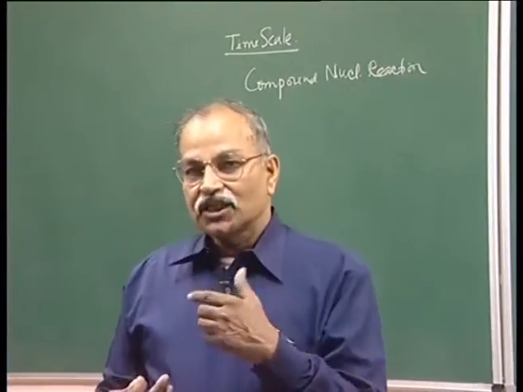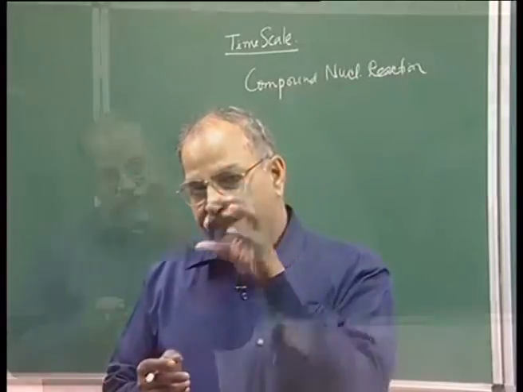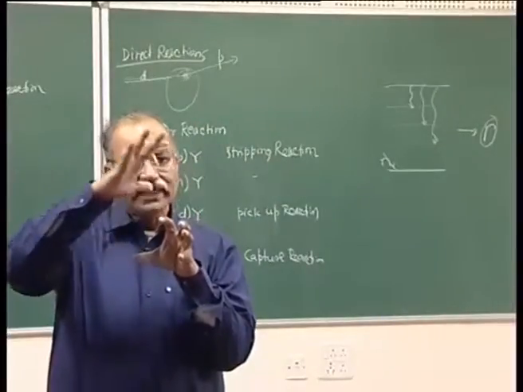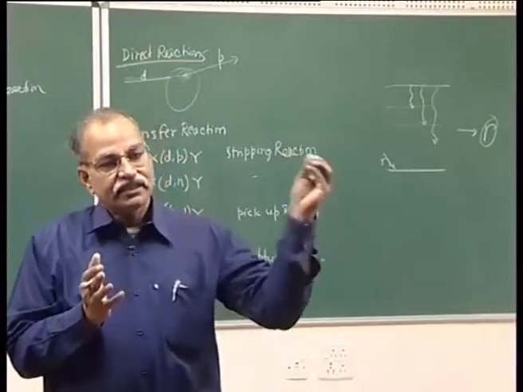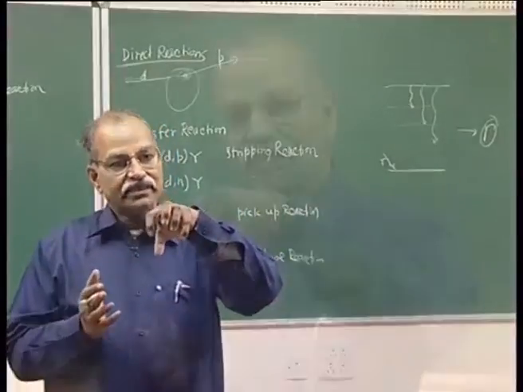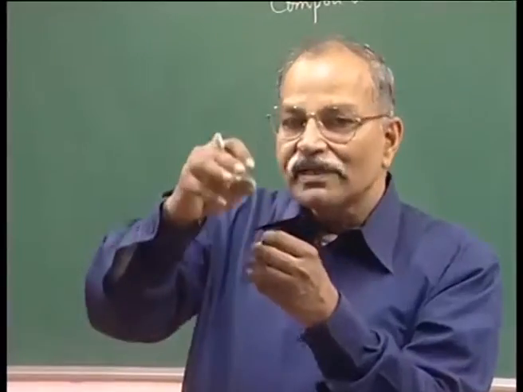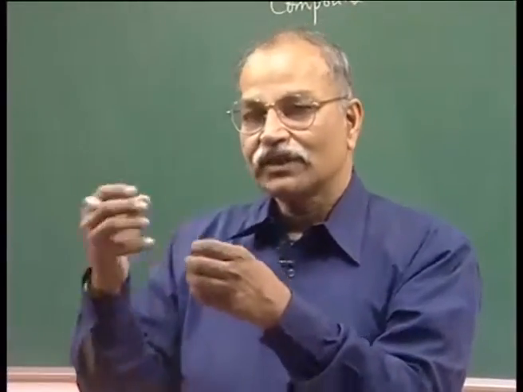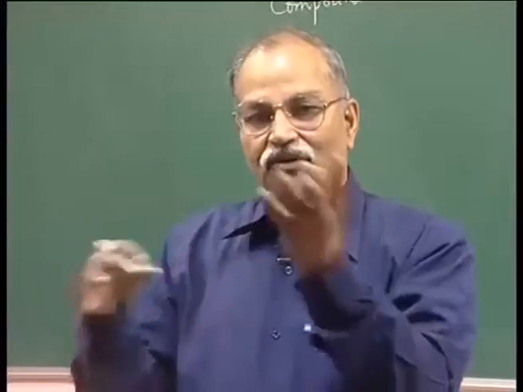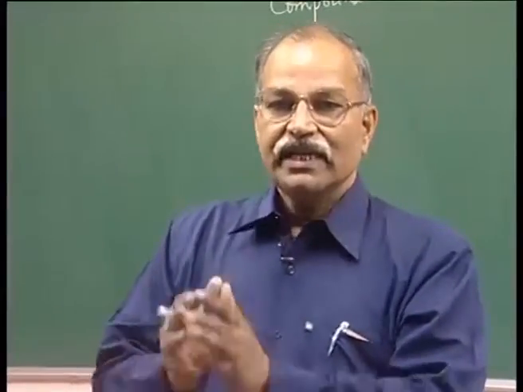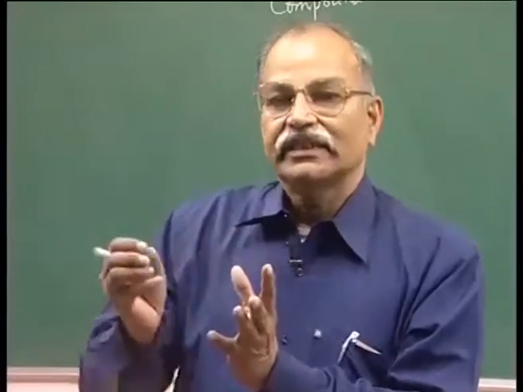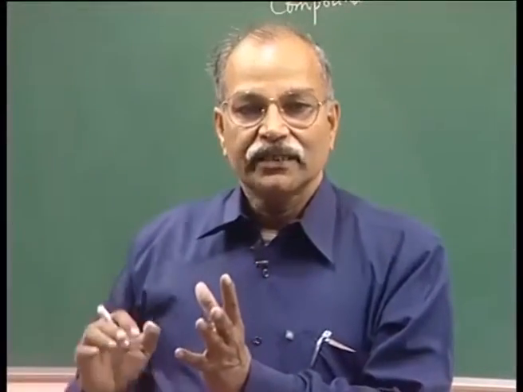Why? This is because the energy has to be equilibrated among all the nucleons, and this takes time. The energy is deposited at some point in the nucleus, and then through collisions it is transferred to other nucleons, and through many more collisions it is distributed in the whole nucleus, and then a particle comes out.